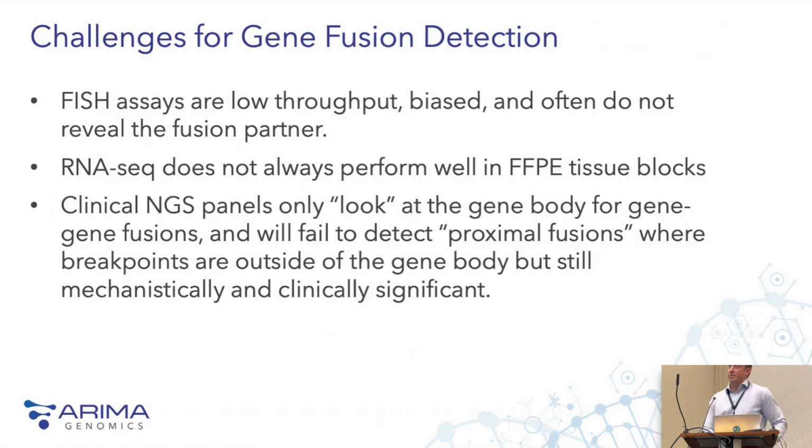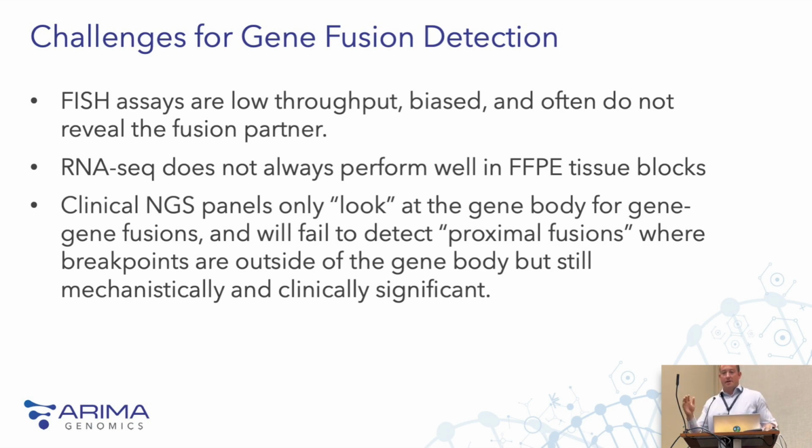And part of the reason for this high driver negative rate is technological. I think we're all probably aware of the limitations of FISH in terms of the single gene testing and throughput, and often not revealing the partner. RNA sequencing often does not excel on FFPE blocks. And something I want to spend a little more time talking about, because it's relevant to Dr. Snuderl's presentation too, is that clinical NGS panels are targeting the gene bodies of clinically actionable genes.